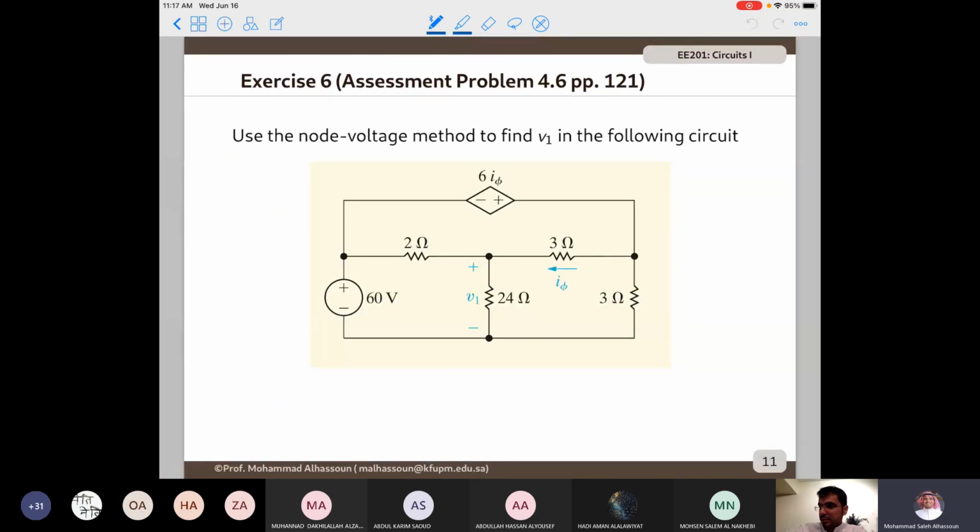So now let's solve the last exercise for today's lecture. This is one of the interesting exercises. It says that we should try to use the node voltage method to find V1 in the following circuit. However, the issue here is that not in all cases the supernode will be our best option.